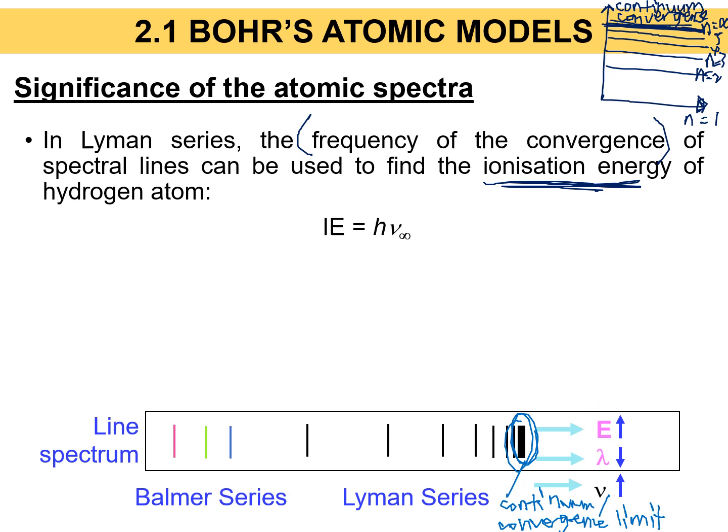It is when the energy level n is at infinity. Okay, so basically kalau let's say soalan cakap convergence ke ataupun continuum in atomic models of the atomic spectra, you should know that the n will be at infinity. Okay, so apakah ionization energy dan kenapa kita nak cari dia, nanti kita akan discuss kemudian.